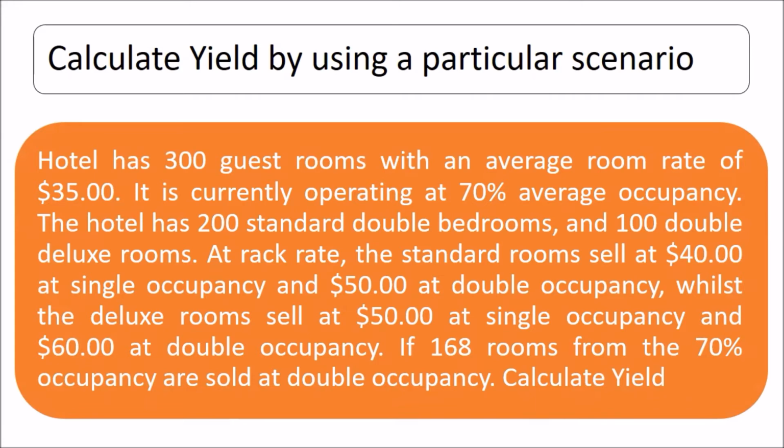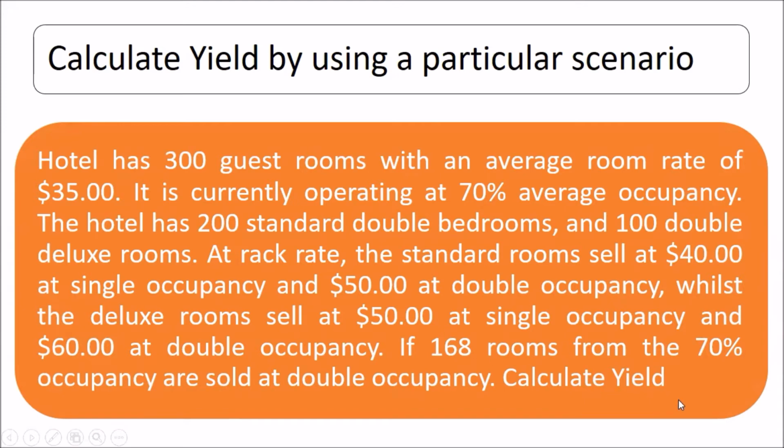At rack rate, the standard rooms sell at $40 at single occupancy and $50 at double occupancy, whilst the deluxe rooms sell at $50 at single occupancy and $60 at double occupancy. If 168 rooms from the 70% occupancy are sold at double occupancy, we have to calculate yield.